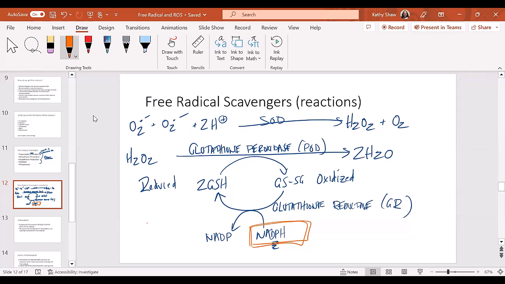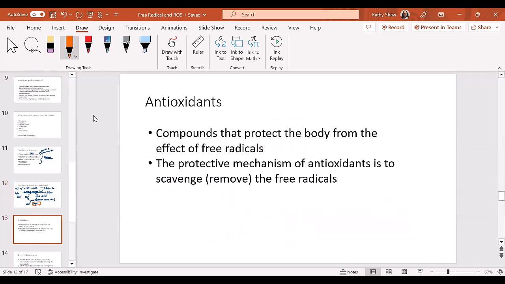NADH is the one that we're going to see more often. So our antioxidants, like we said, are compounds that protect the body from free radicals. Their protective mechanism is to scavenge and remove those free radicals and get rid of them.